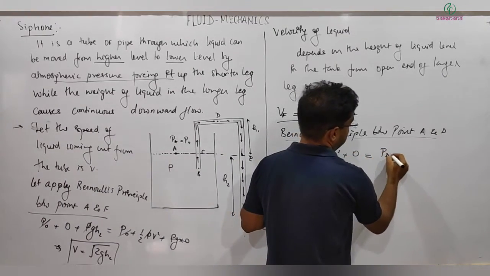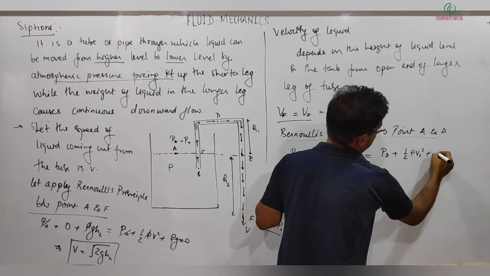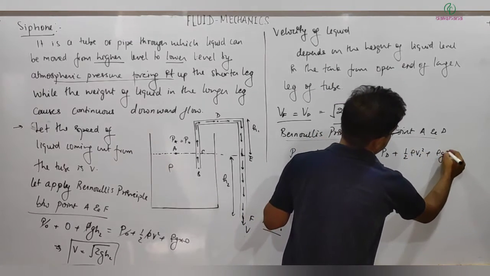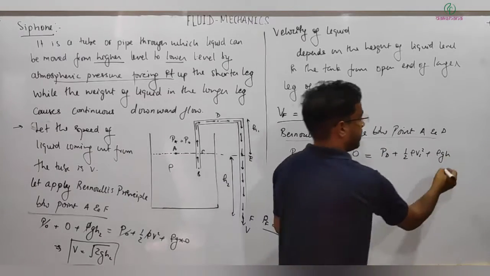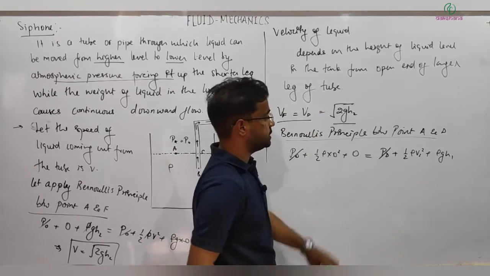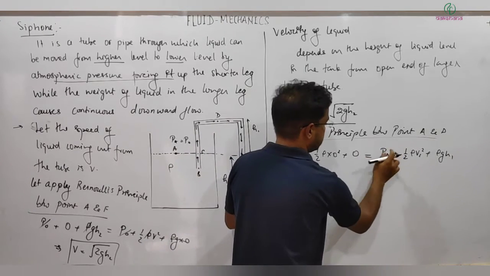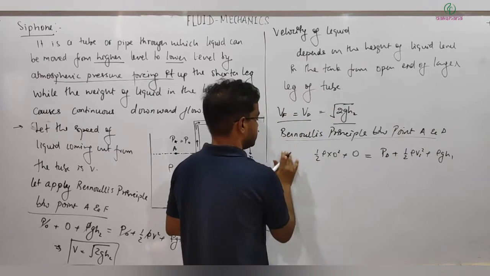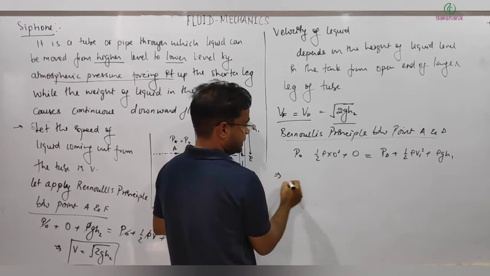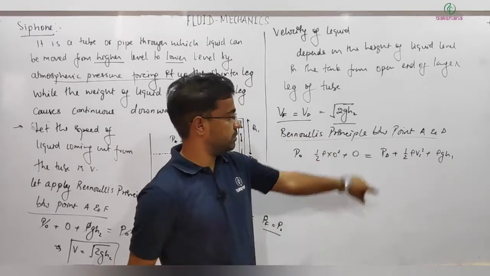Next, PD plus half rho V2 square plus rho g h1. So we can substitute this value also, V2.